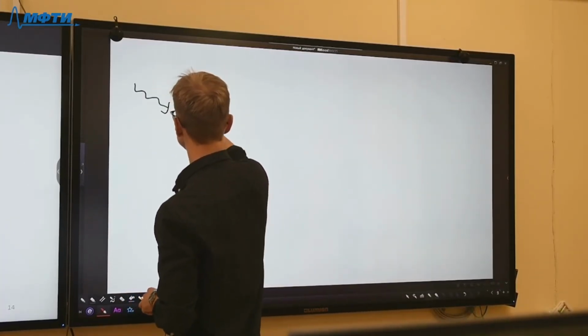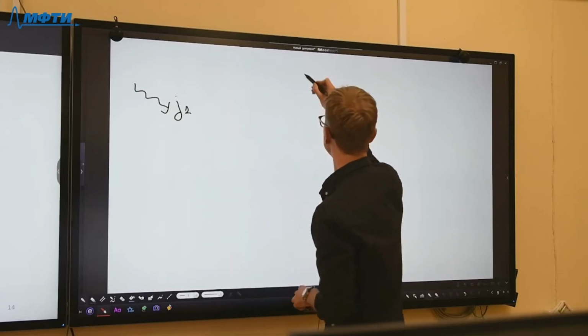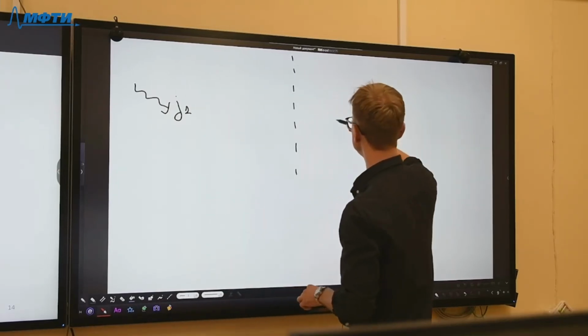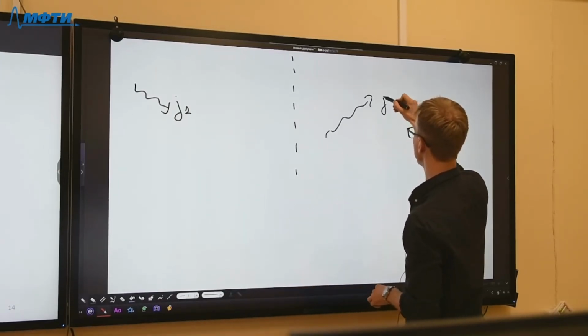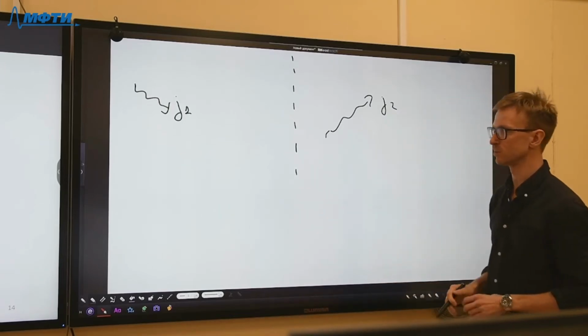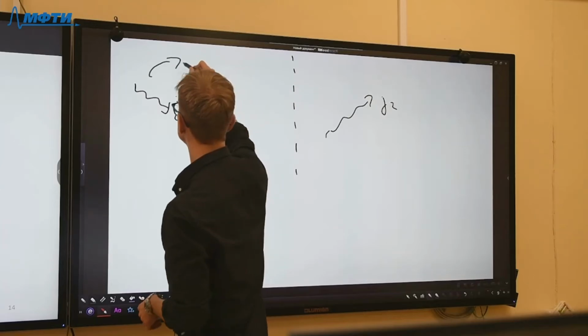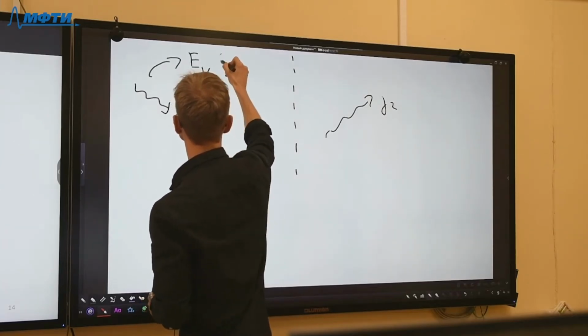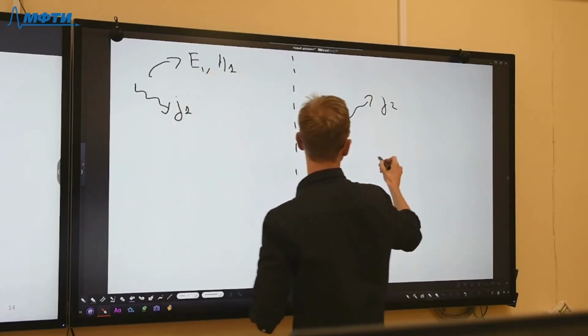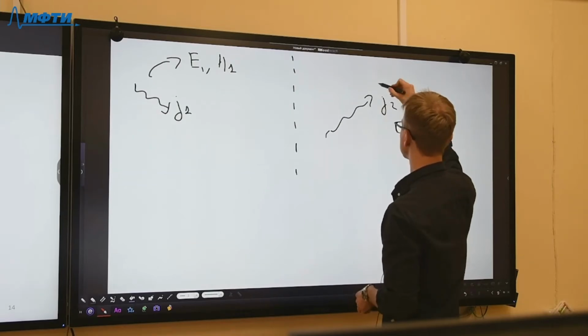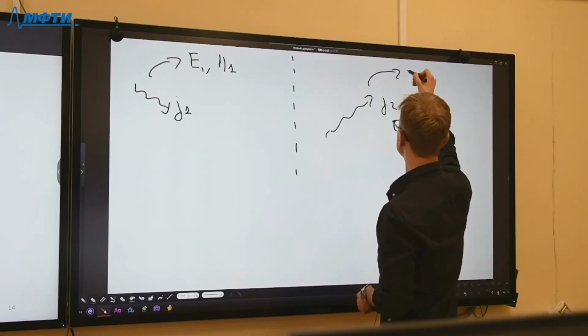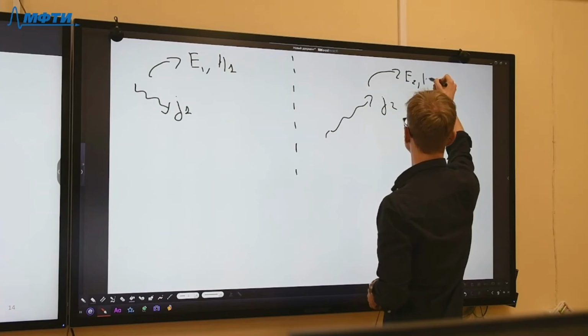We have J1, and in a completely different space, in a completely different universe, we have J2, which is a completely separate system of electric current densities. J1 produces fields E1, H1, and J2 produces fields E2, H2.